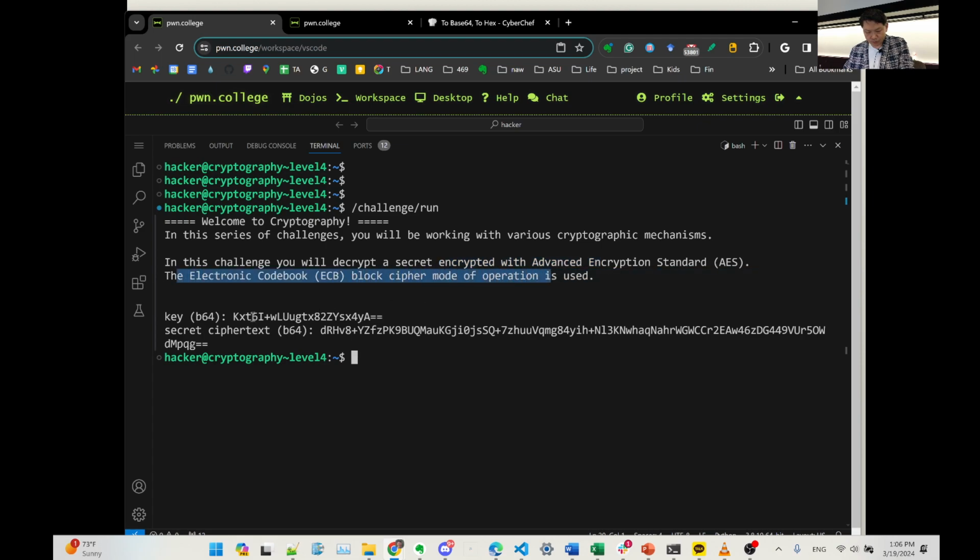So you are given a key and a ciphertext. That means we can get the plain text because this is ECB. We can only reverse the process.